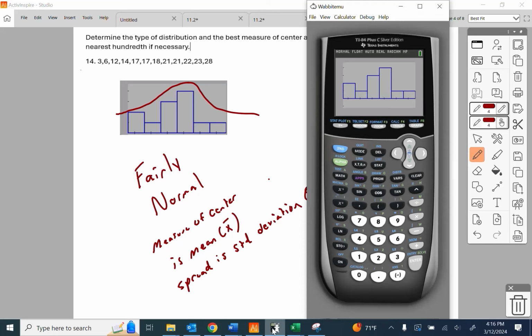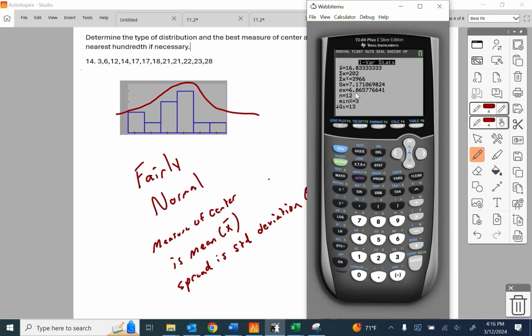because it's fairly normal. So anyways, quit out of this, stat, calc, one variable statistics, and calculate. So my mean is 16.833, which could be expressed as 5.6 if you want to do that.